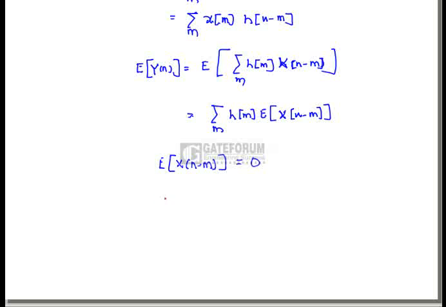Hence the output mean equals the input mean multiplied by the frequency response at f equals 0, whose value is equal to 0.